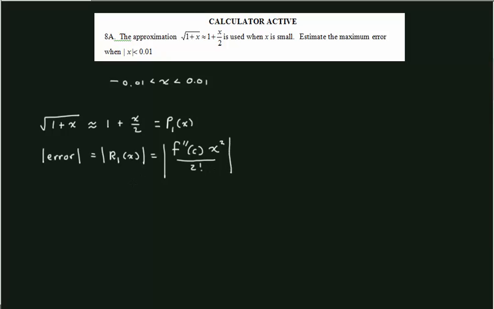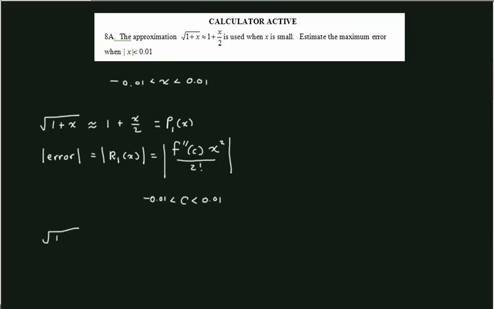Can you guess what we need to do next? Besides saying what c is bounded to, c is between -0.01 and positive 0.01. But what do we do next at this point? If you're saying to yourself, I know I need to find the second derivative of f at c, then you are correct.